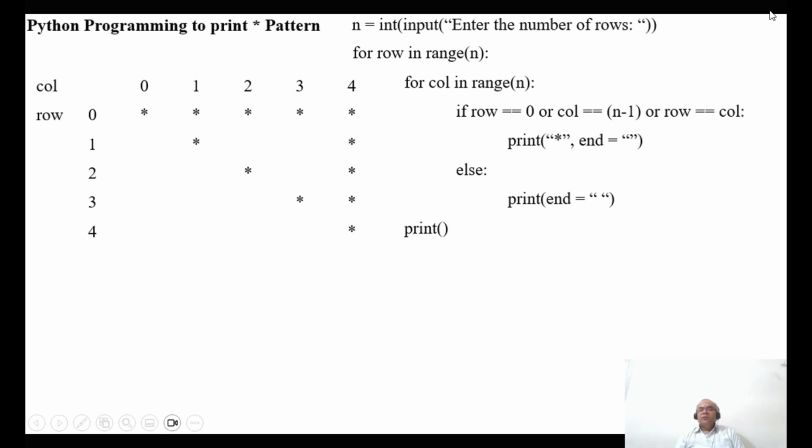That's the meaning. So, or row is equal to column. So, what are all the 3 conditions? One is when the row is equal to 0, you have to print star. When column is equal to 4, that is n minus 1, you have to print star. When row is equal to column, you have to print star. Otherwise, you have to print space.